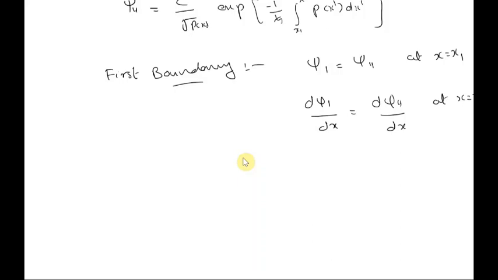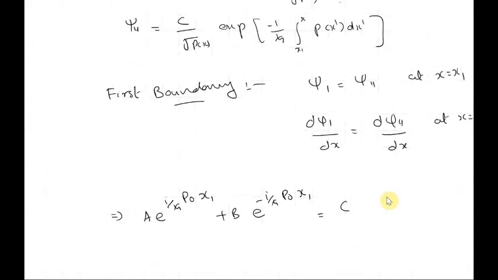So that implies a e raised to i by h cross p naught x1, plus b e raised to minus i by h cross p naught x1, is equal to c by root p of x, at the second region.